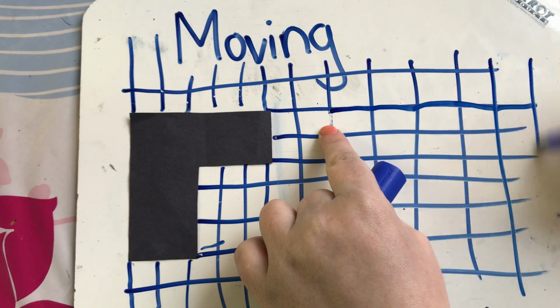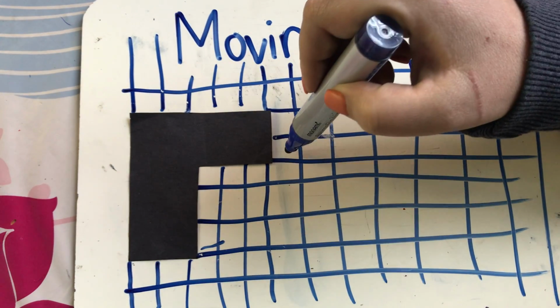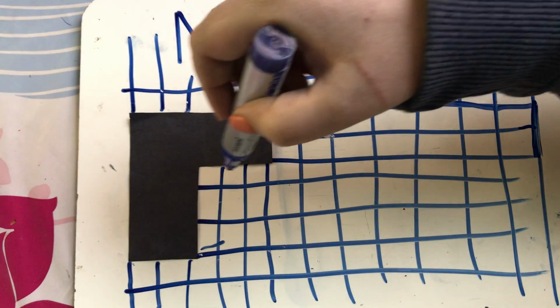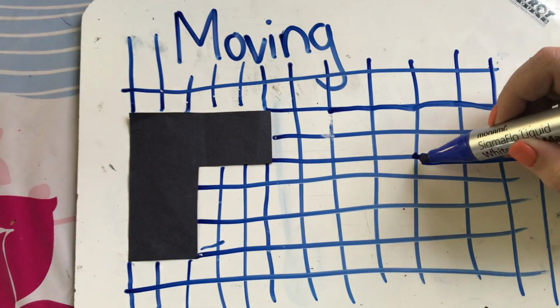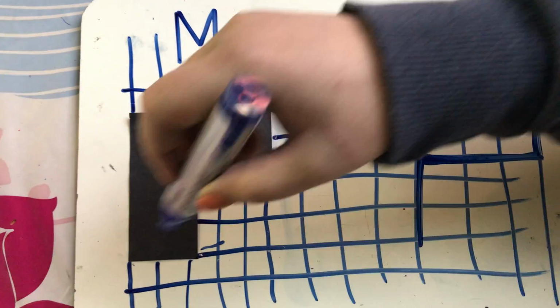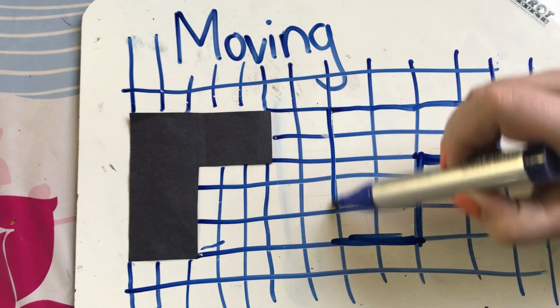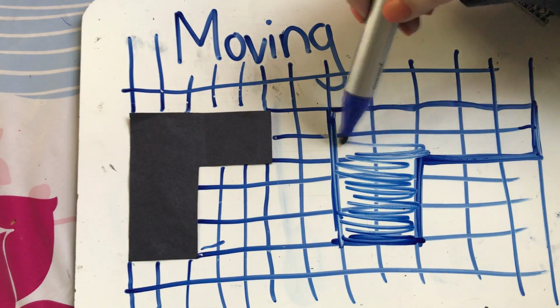Let's just pretend I drew this. It goes on and 1, 2 at the side. So 1, 2, 3 in, 1, 2, 3 down, 1, 2 to the side, 2 to the side, and up until I meet where I started, and then I color my shape.